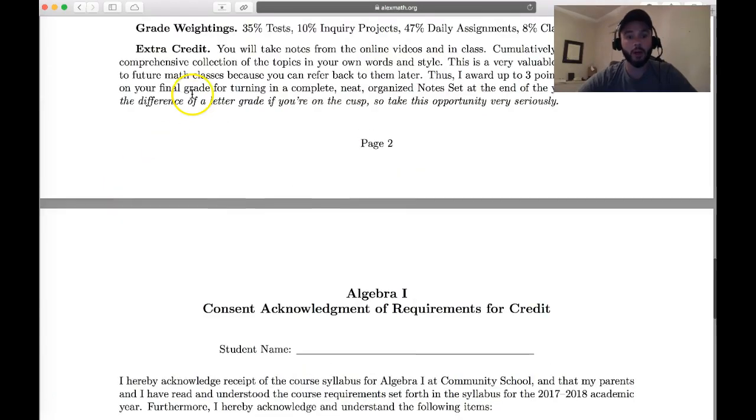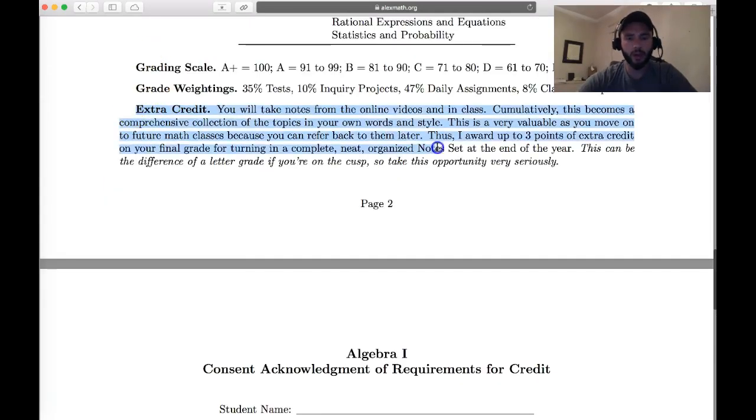One more thing, extra credit, and I want parents to know this too. I give 3 points of extra credit, which is actually 3% out of a total grade of 100. If you turn in your notes set at the end of the year, I will give up to 3 points on your final grade.